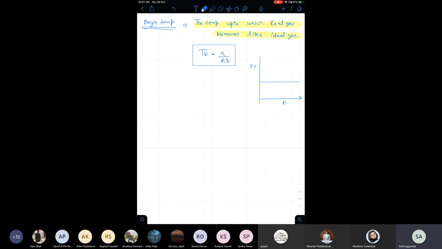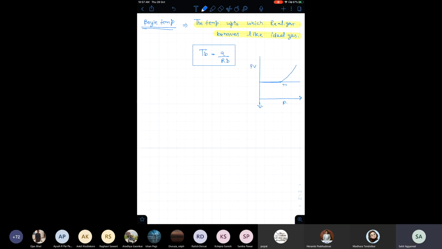Between PV versus P, we should get a straight line curve, right? So up to a certain temperature, real gas behaves like ideal gas.